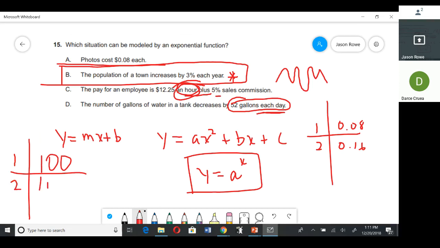Year two, you'd have 103. We're going to base our increase the following year on this value, not this value. It would be 3% of 103. So each year you base it on the year before.